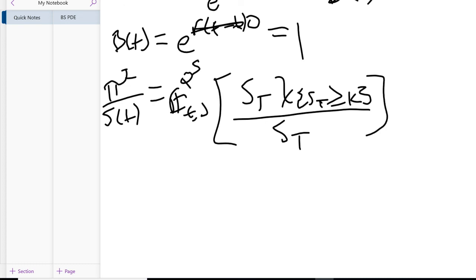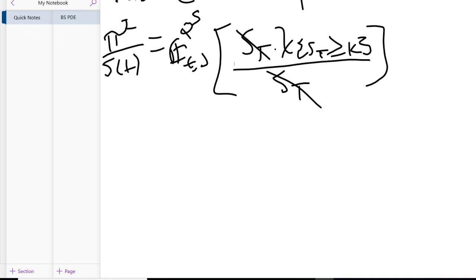The indicator function is just multiplication, so this does cancel; the regular rules of algebra work there. So that cancels, which is good, because that S(T) being inside the expectation was a problem. Obviously there are ways to solve that, but I personally find them extremely messy and complicated, and I like this way better.